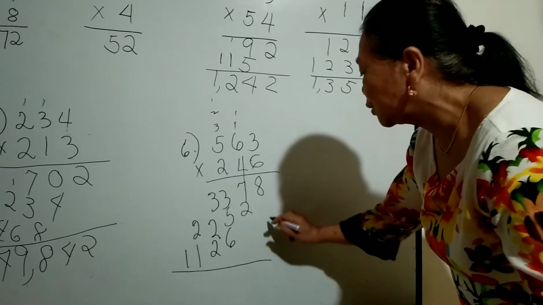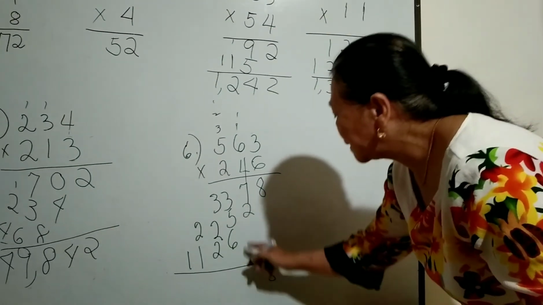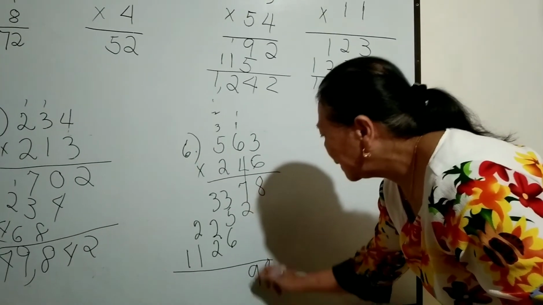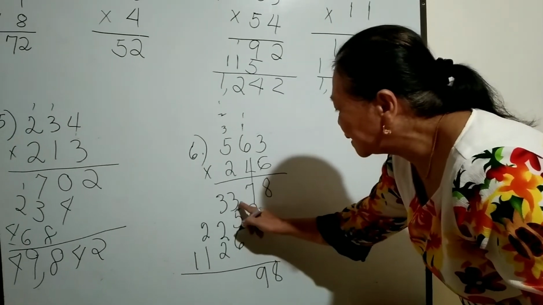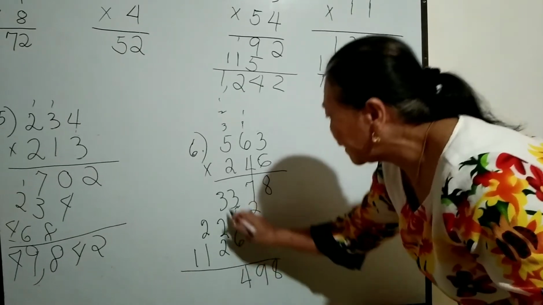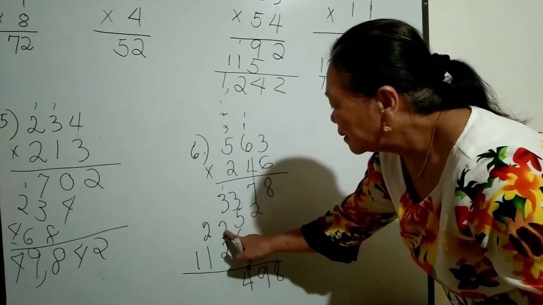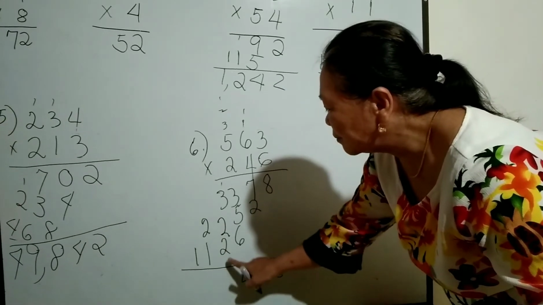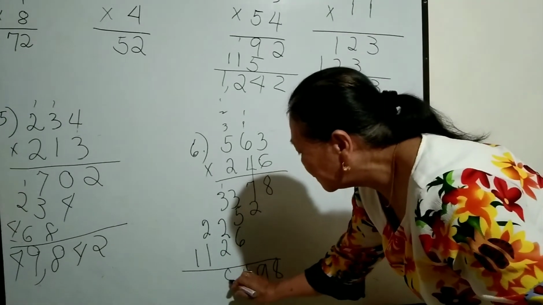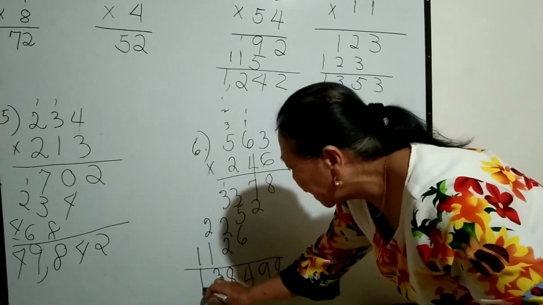Now, it's the time for us to add. This is 8. That's already 9. 5 plus 3, 8. That's 14. Carry 1. That's already 4. Plus 2, 6. Plus 2, 8. That is 3. And that is 1.